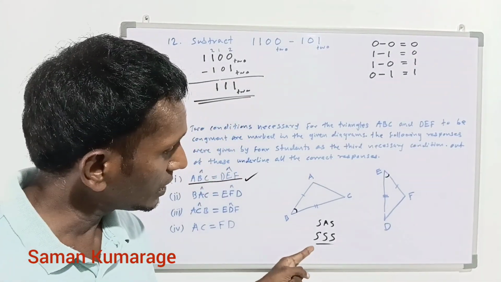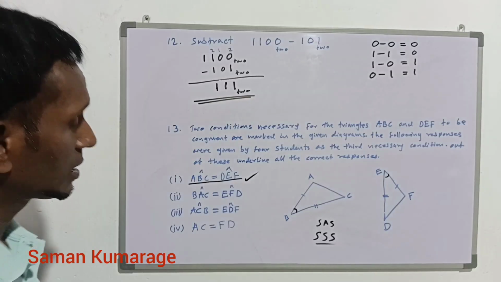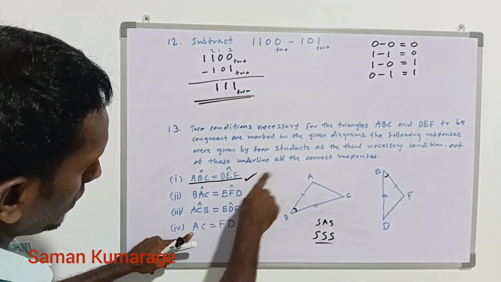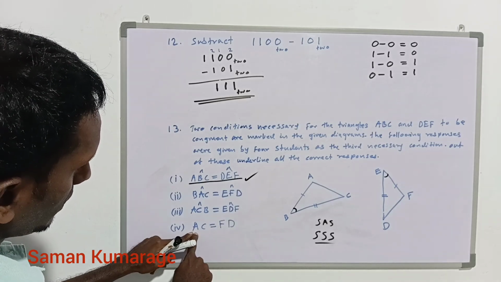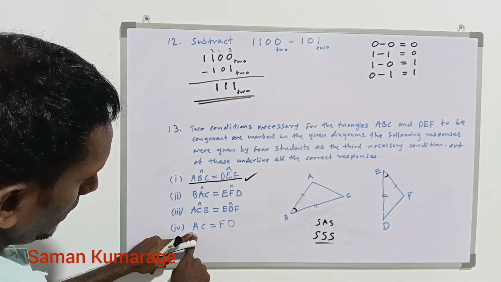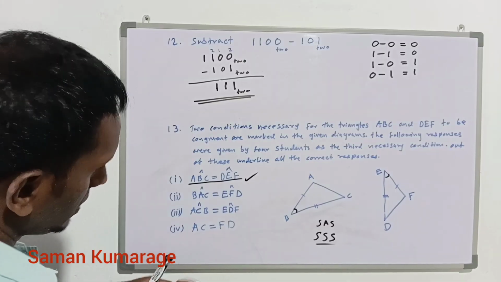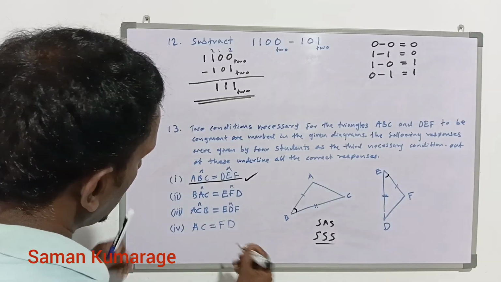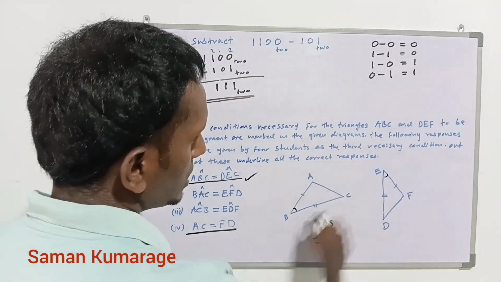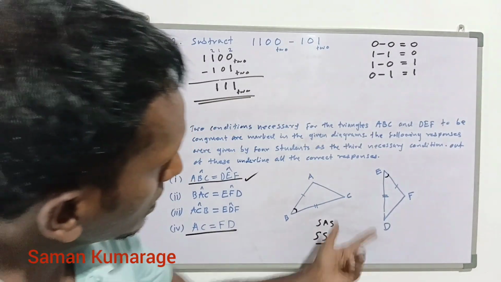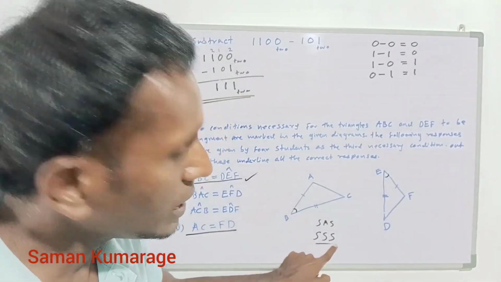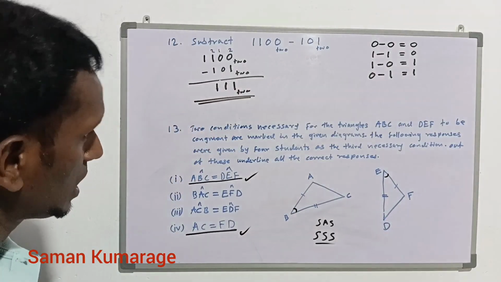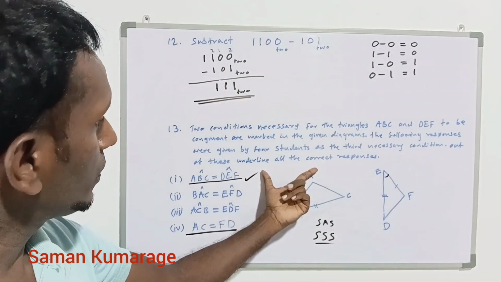Here one of the four students has given AC equals FD. If AC equals FD, yes, we can make these two triangles congruent under SSS also. So these are the two acceptable answers given by the students.